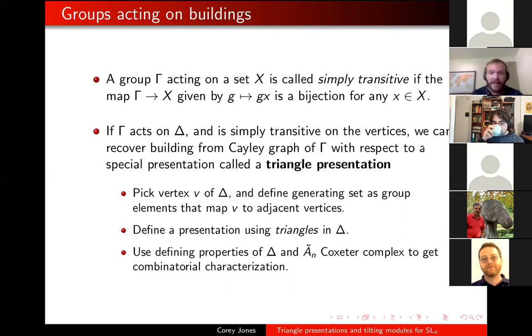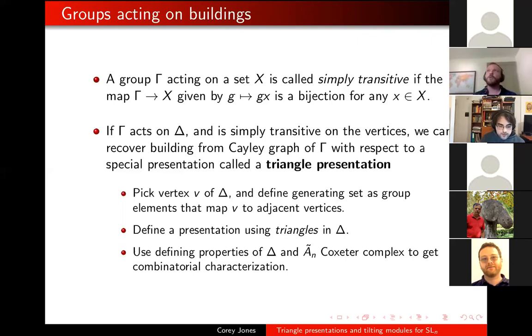Well, pick a vertex in the building, okay? Since the group acts simply transitively on the set of vertices, then for each of the nearest neighbors of that vertex, there's a unique group element that maps V to that nearest neighbor. So take those group elements that map that vertex to its nearest neighbors, and because the building has to be connected and all kinds of stuff, that set of group elements has to generate the entire group, okay?